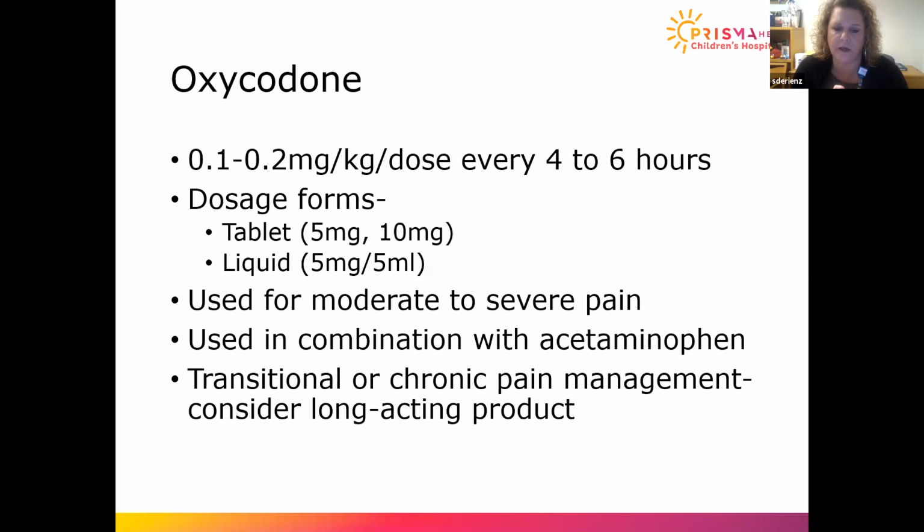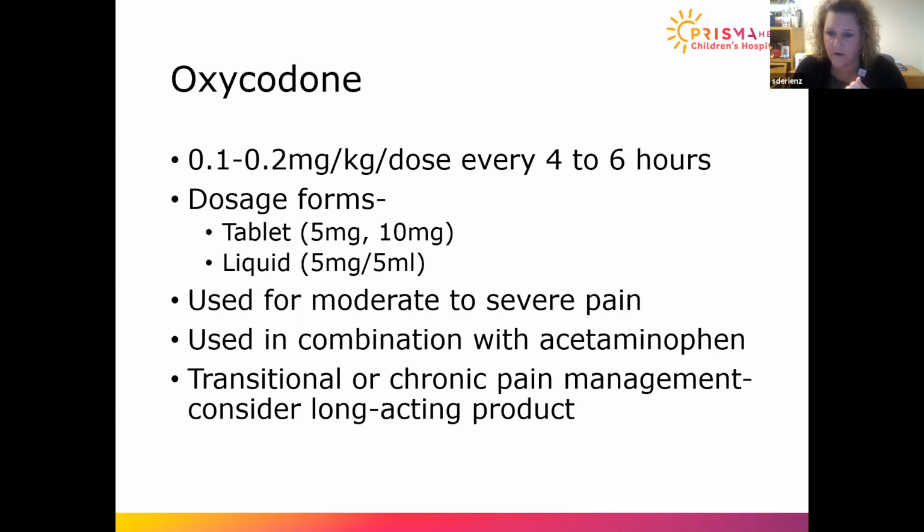Again, with transitional or chronic pain management, you can consider long acting products. So, for example, if we had a patient on a morphine or hydromorphone PCA, and they were going to be transitioning to a long acting product, and they haven't done well with, say, for example, MS Contin, you could conceivably use OxyContin as a transitional medication, but I wouldn't recommend that in just your average patient.